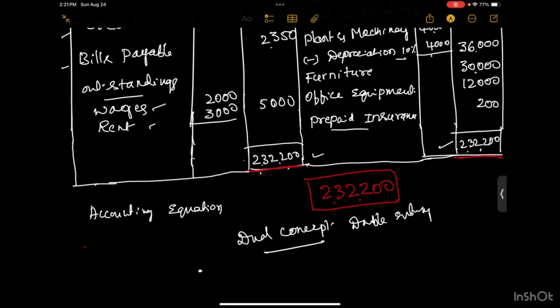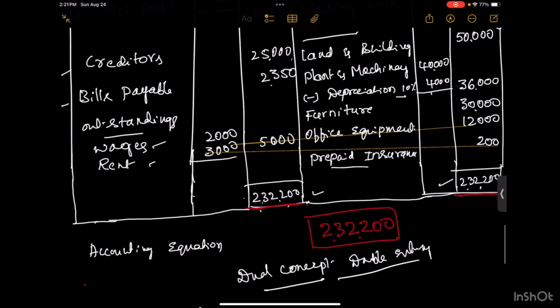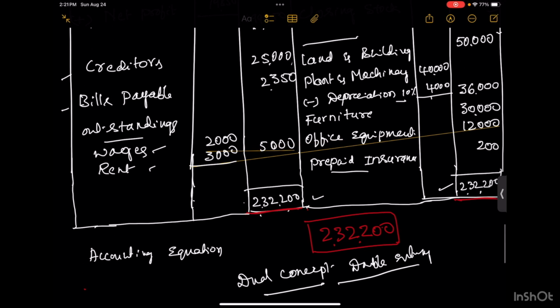As we have followed the double entry principle for journal entries and ledger, the trial balance is tallied. Once the trial balance is tallied, your balance sheet also gets tallied if entries are correctly recorded. So the total is 2,32,200, and this balance sheet completes your accounting equation.